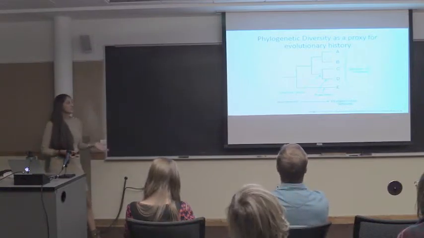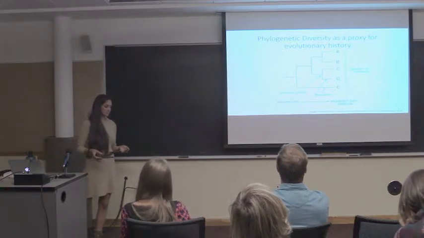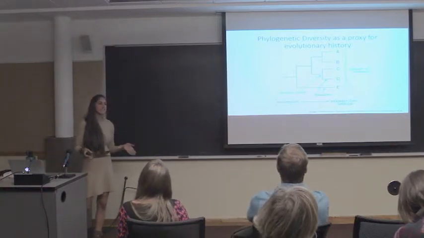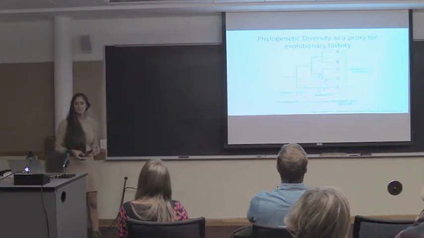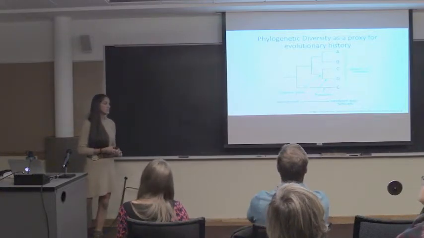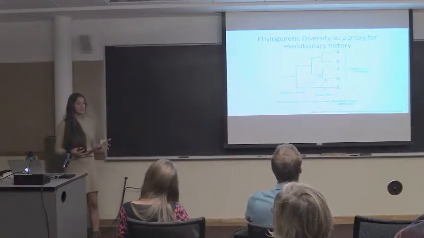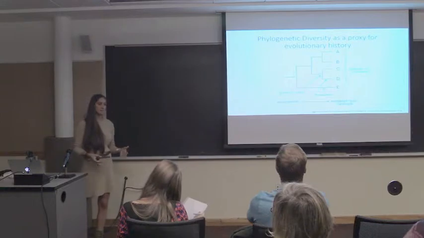And we can build one of these by collecting a series of traits or characteristics from a group of species, and those are usually found in gene sequences. So we'll take these gene sequences and using algorithms, we can find the most likely tree for this specific group of species.